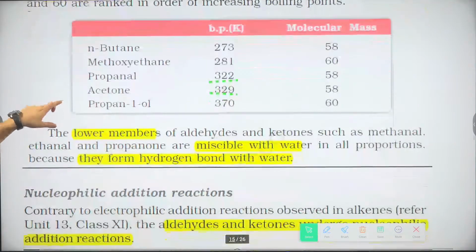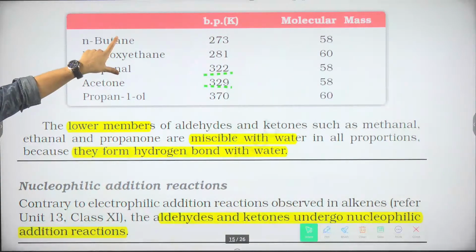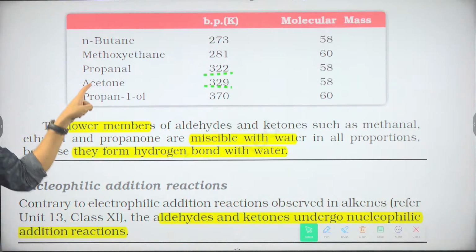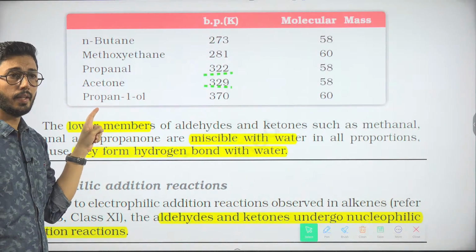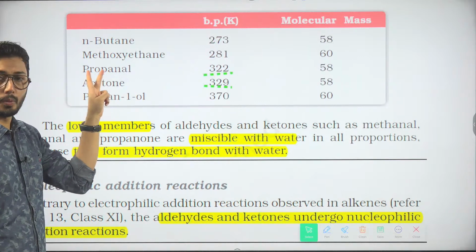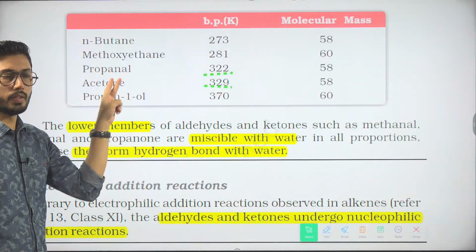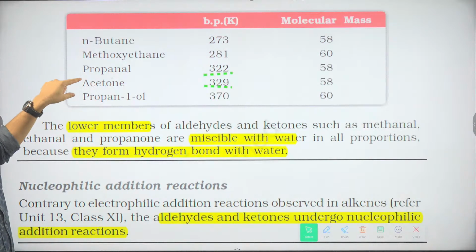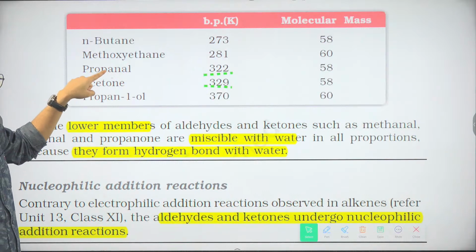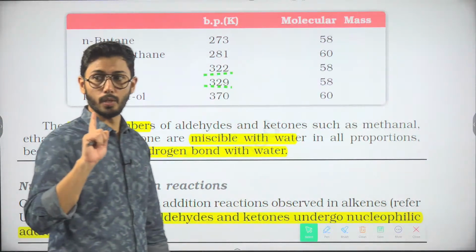Then another example can be framed. Alcohol is maximum. Among propanol and acetone, which is higher? We have to remember: propanol is higher than acetone. Ketone is higher than aldehyde, both having the same formula.